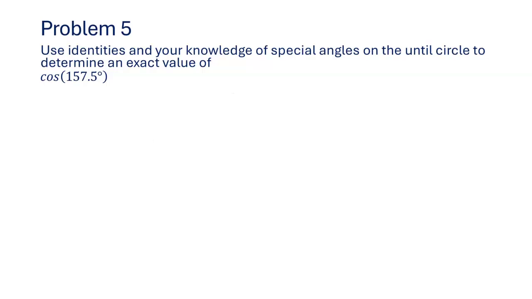Cool. Okay. So this question is asking us to use identities and the knowledge of special angles. So right there, you should all be thinking unit circle. Because those are our air quotes special angles. Oh, it says it right here too.